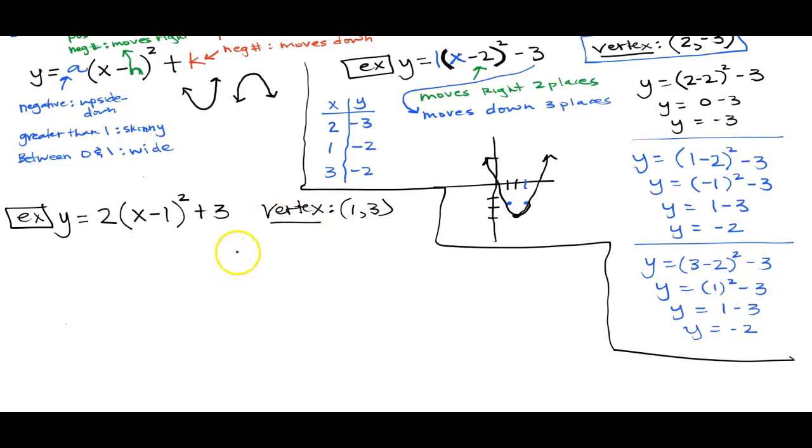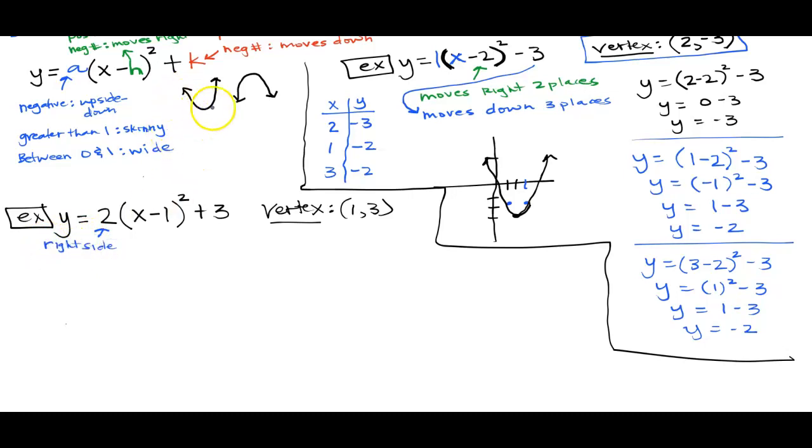Awesome. So let's point out what each of these things means here. This 2 is telling us that it's right side up and skinnier. So I'm going to put right side up.